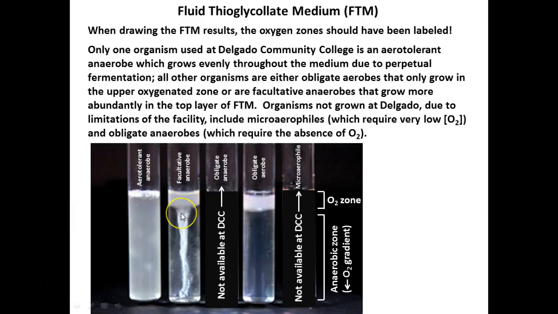Then we had facultative anaerobes and aerotolerant anaerobes. And sometimes, especially depending on how old the culture is, it'll be tough to determine one from the other. One of the ways you can determine the difference is you'll notice the facultatives have more growth at the top than at the bottom, more growth in the oxygen zone. Why is that? They can grow in either environment.